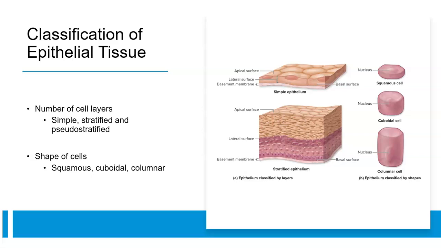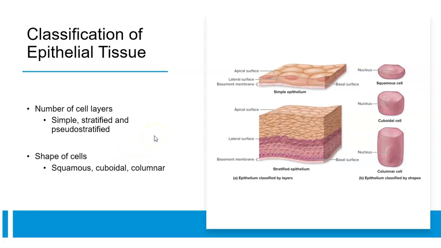So the cells in the basal layer that are attached to the basement membrane are constantly undergoing mitosis and regenerating, making more cells, because the cells that are at the apical surface are constantly dying off and slopping off. That's where most of the dust in your house comes from too.